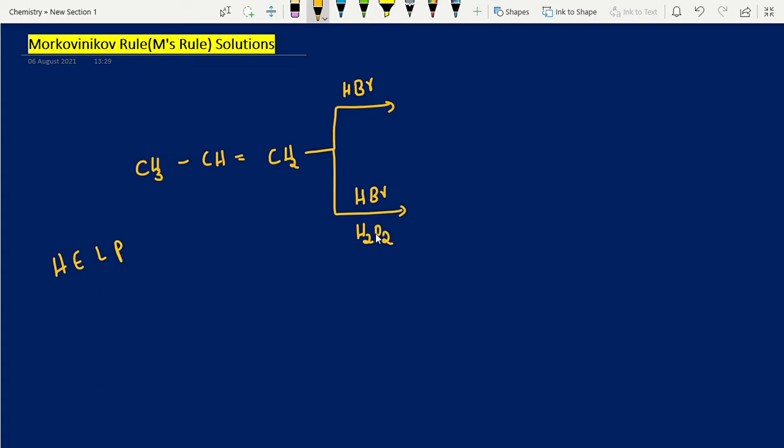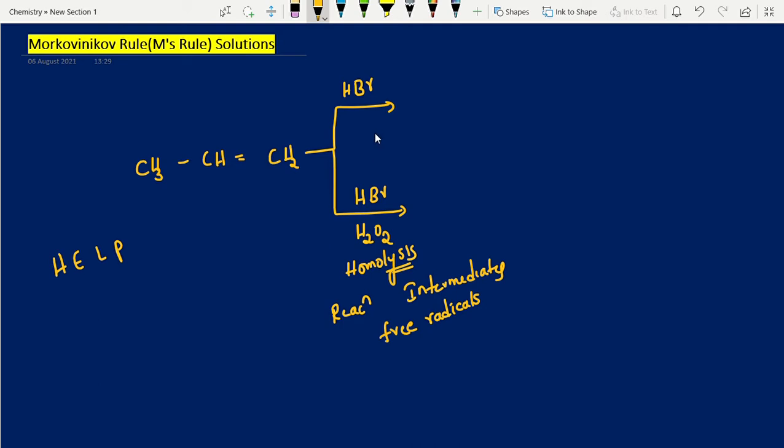Peroxide means it is homolysis. So the reaction intermediate here is free radicals.